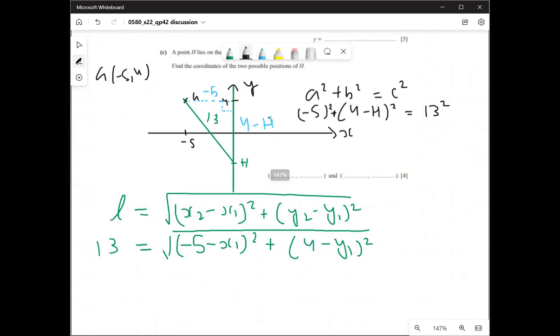Now this h right here, let's say the y value of h is y2. This is 4 minus y2.